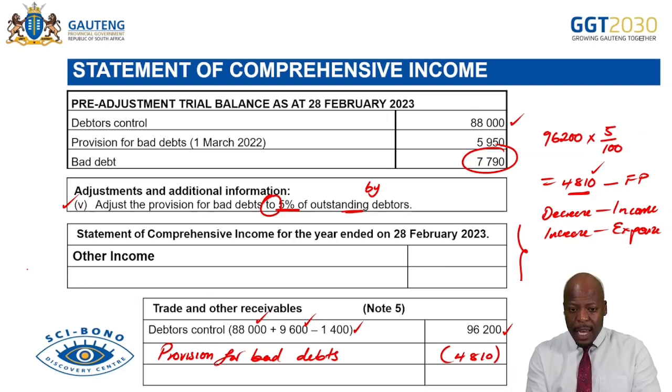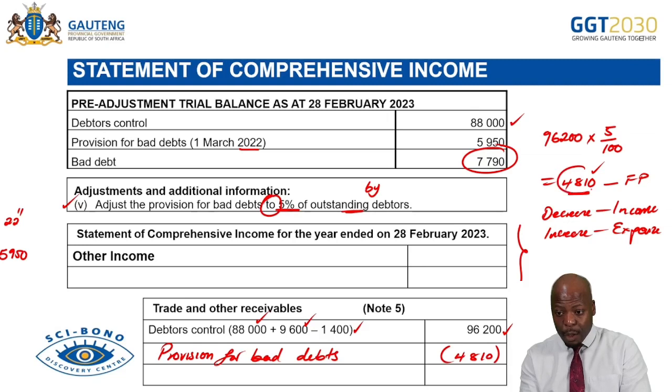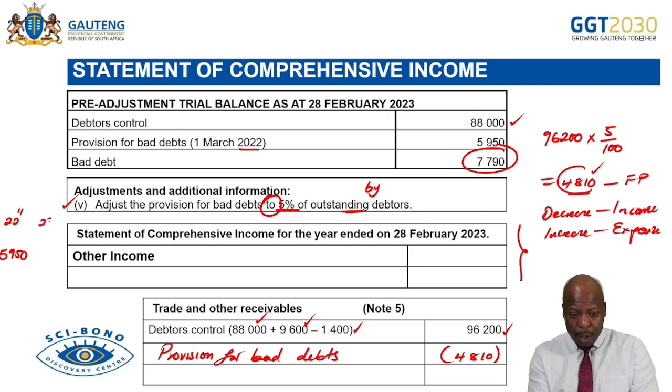You will say, in the previous year, that is 2022, the provision for bad debts was 5,950. This was in the previous year. In this current year, remember, we are now in the year 2023, we have calculated our provision to be 4,810. There you go.